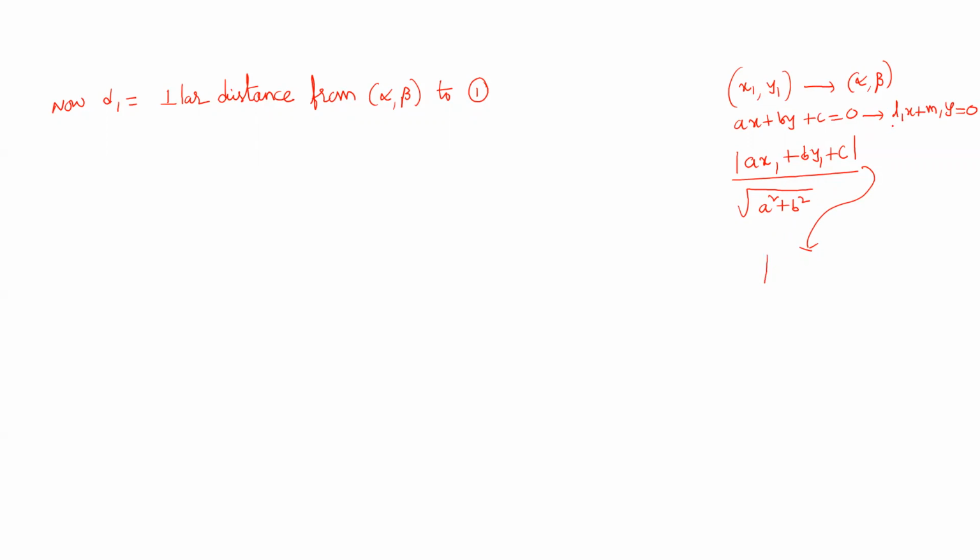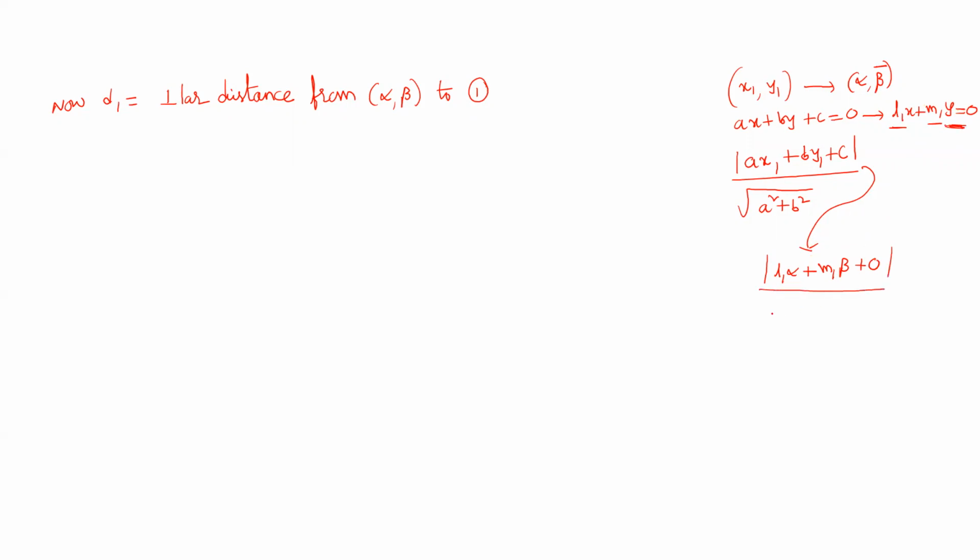A is L1, x1 is alpha, so L1 alpha, plus B is M1, y1 is beta, so M1 beta, plus C constant. There is no constant in our equation, so 0.